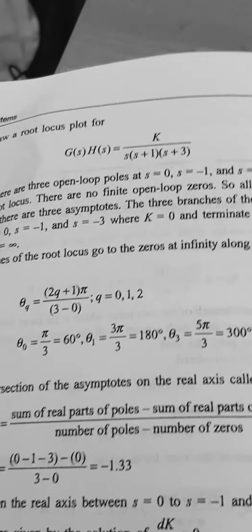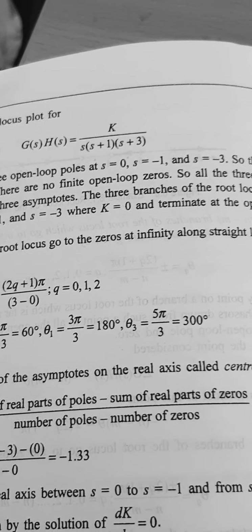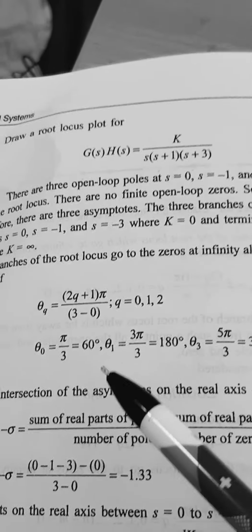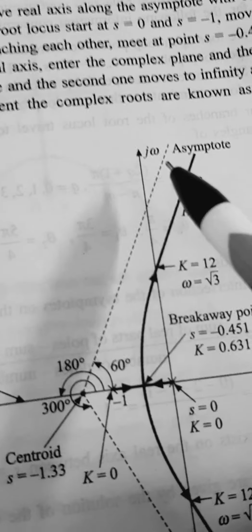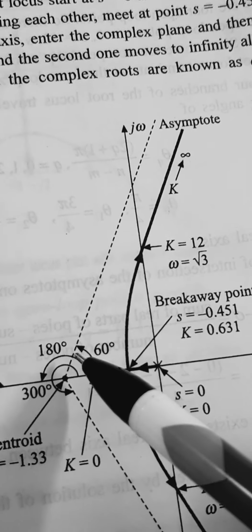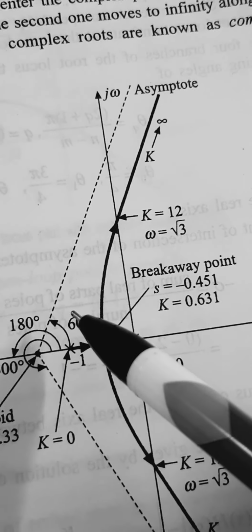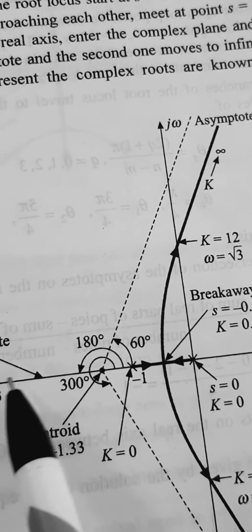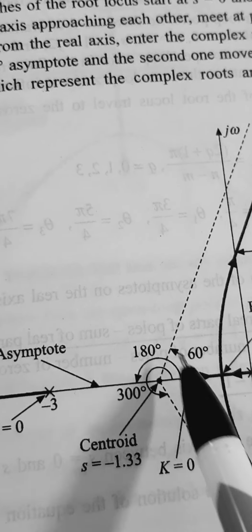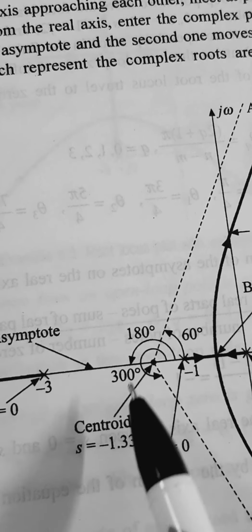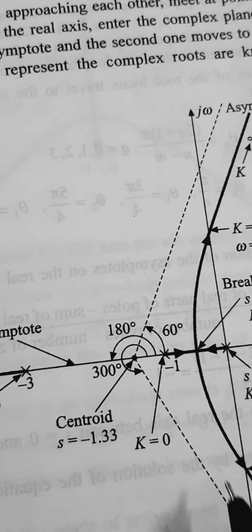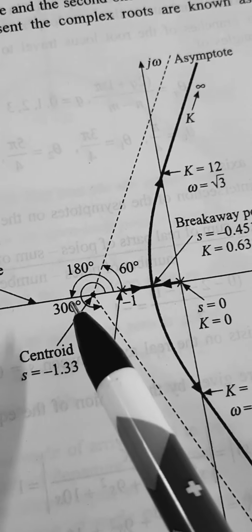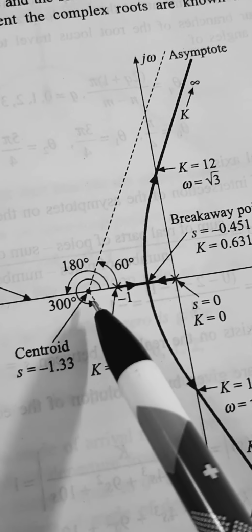Now first you have to draw a straight line with an angle of 60 degrees, another straight line with an angle of 180 degrees, another dotted straight line at an angle of 300 degrees.